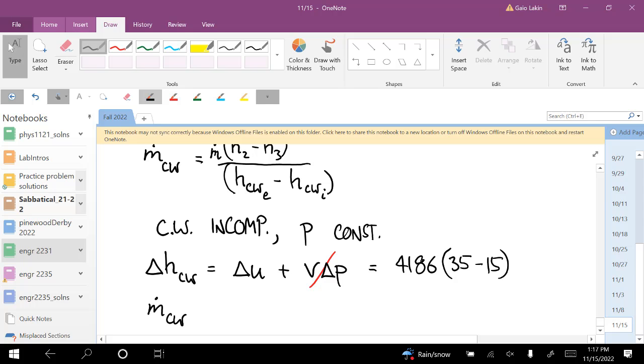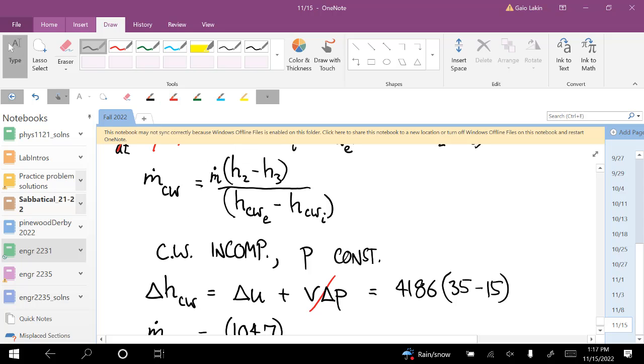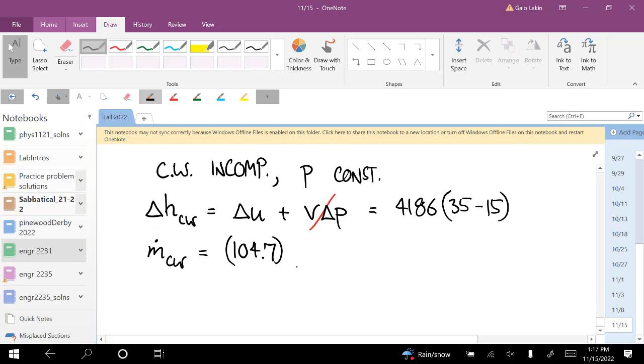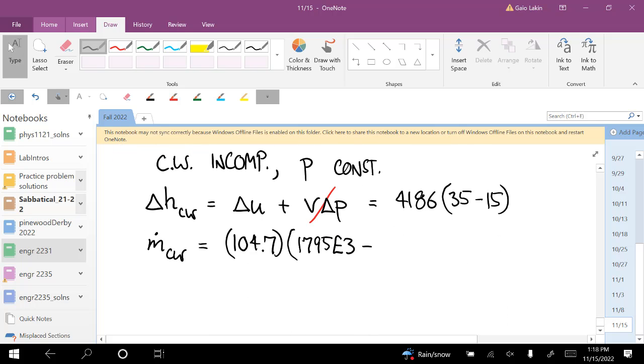So M dot for the cooling water is equal to M dot for the working fluid, which was 104.7, times H2, which was 1795 times 10 to the third, minus H3, which was 173.9 times 10 to the third, divided by 41,860.